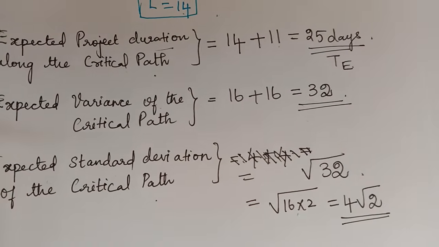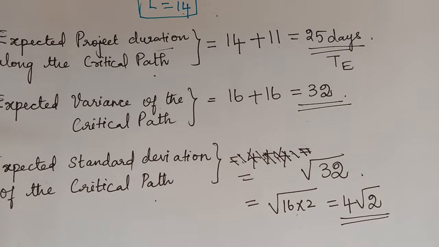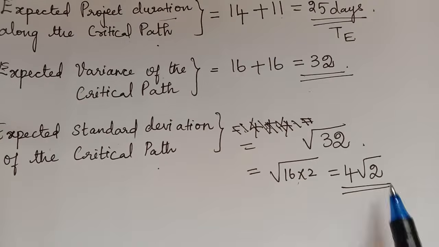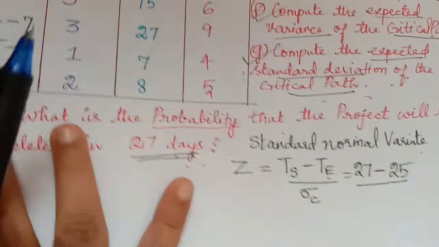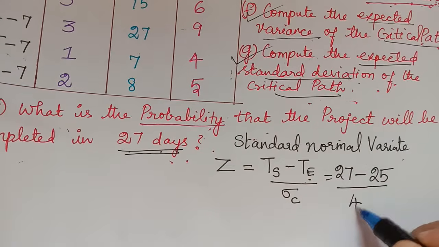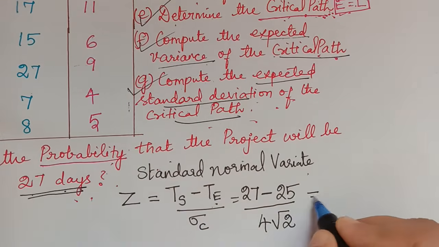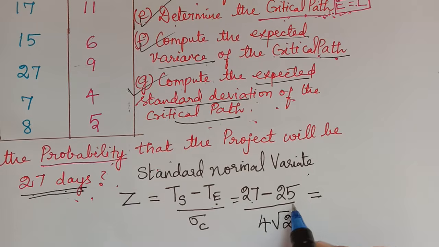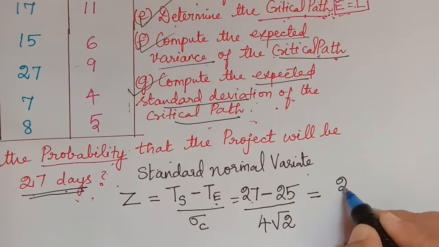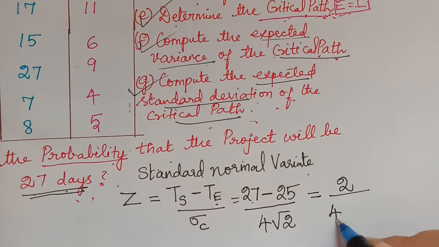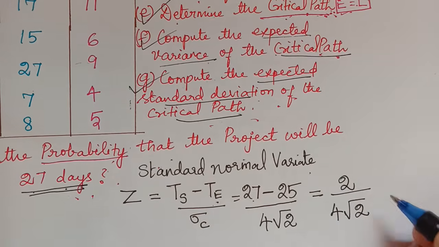What is the expected standard deviation that we have calculated? It is 4 square root of 2. So that we have to substitute here. So 4 square root of 2. So that will be equal to, what is 27 minus 25? It is 2 divided by 4 square root of 2.